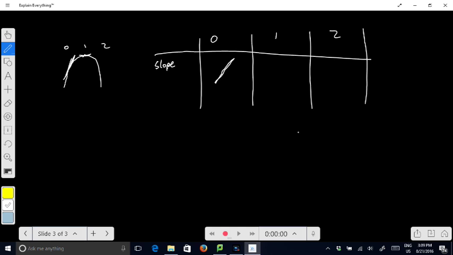At 1, we've got a horizontal, and at 2, it looks like we've got a decreasing gradient. Therefore, we have a local maximum. And again, the sign diagram: we've got positive and negative. Our slope starts at the positive. At the turning point, it changes and goes into the negatives.